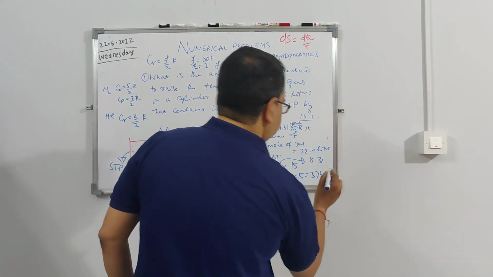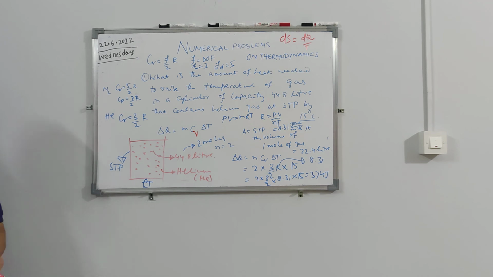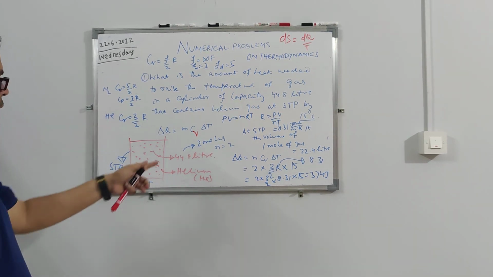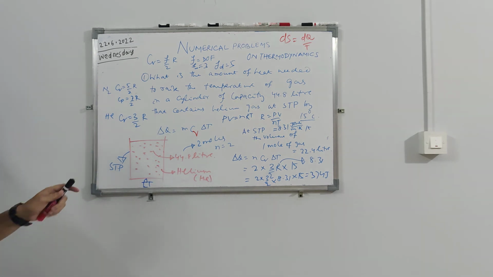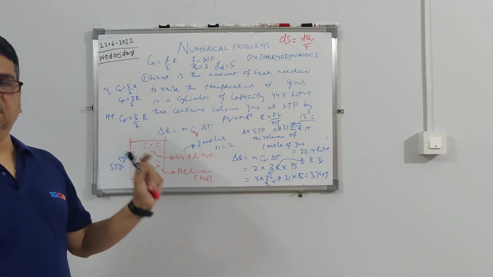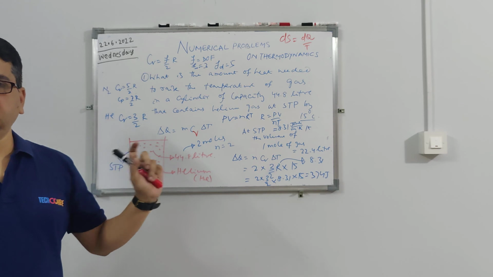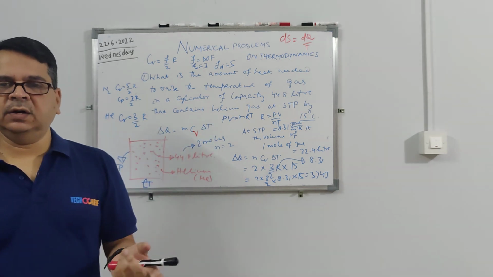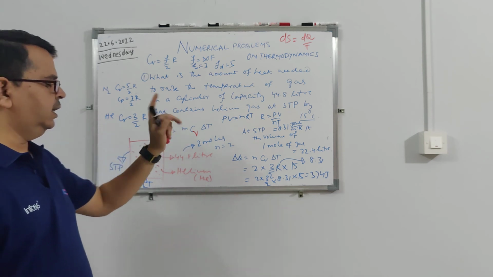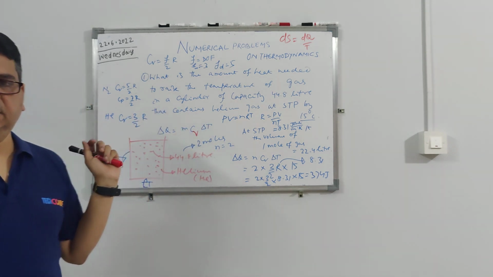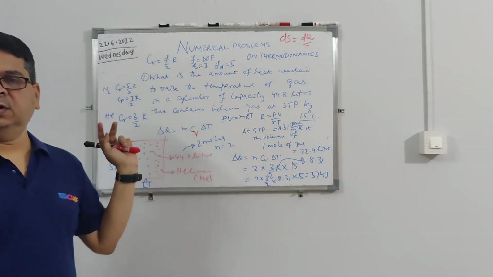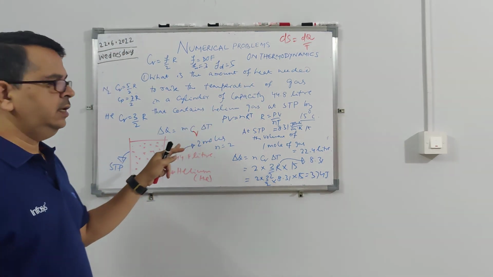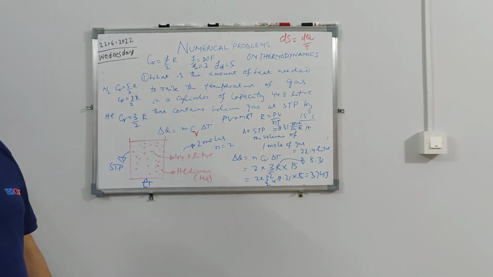Now you understand the importance of heat, the specific heat, and what Cv is. The volume is 22.4, you are keeping it constant and raising the temperature. So there is no work done because the volume is not changing. Whatever heat you are giving just raises the temperature. Because you are keeping the volume constant, it is Cv, and it is mCv into delta T, or it can be nCv into delta T also.